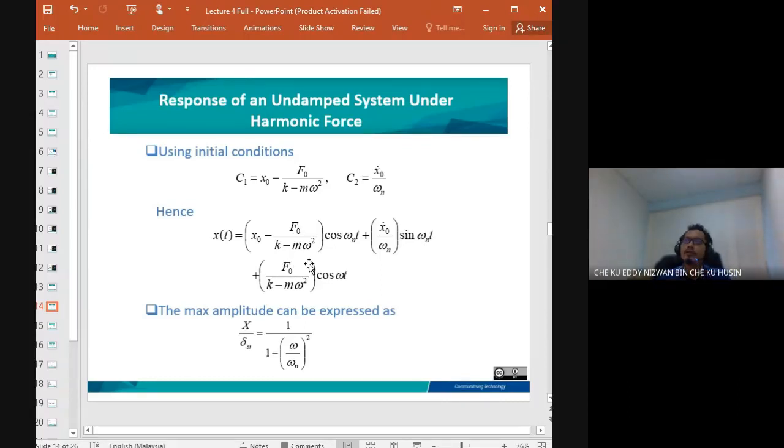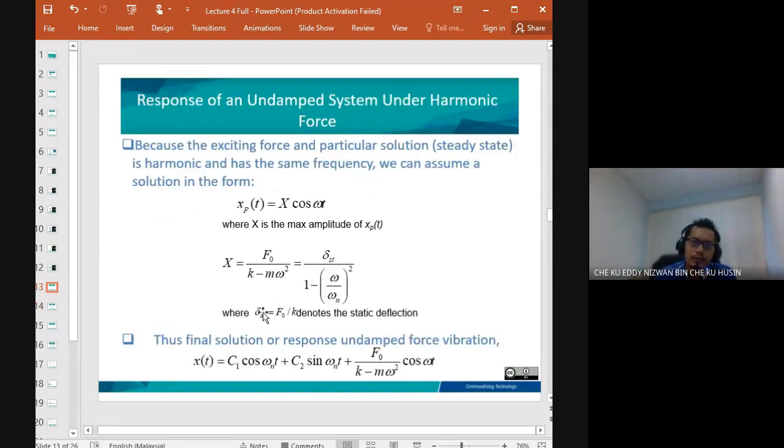If you deal with rotational motion, the equation is almost the same, but you just change this one to theta, and for F you must use the moment, M naught.